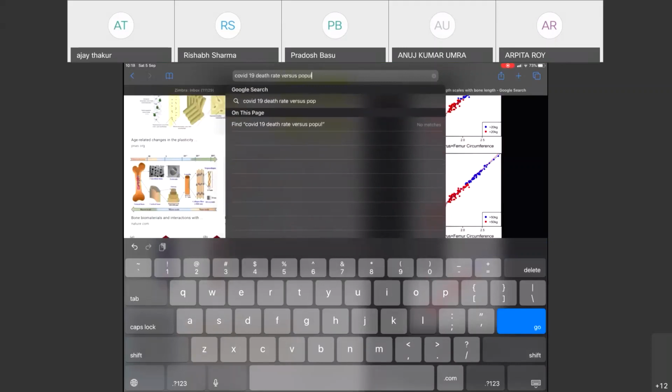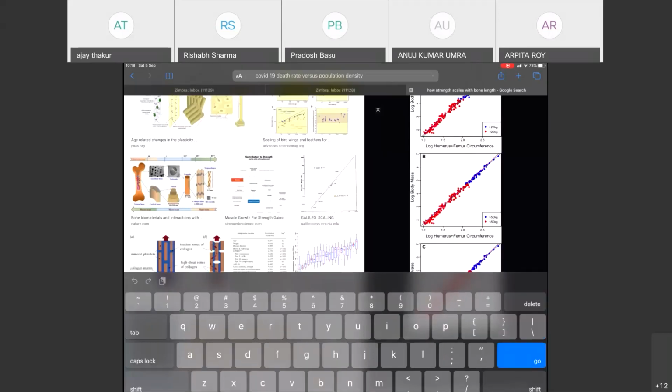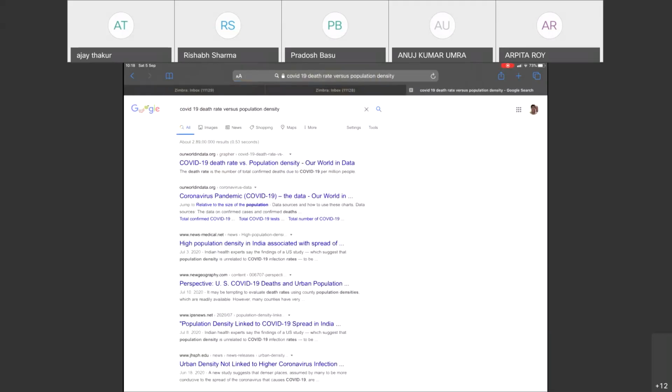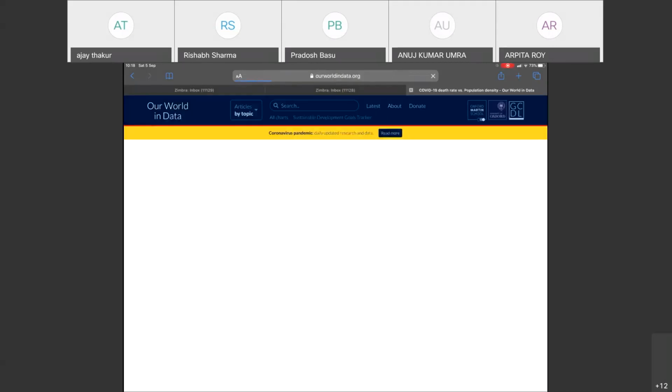There is very interesting data which exists, and it's almost a vertical straight line. There is a lot of distribution, a lot of spread, but it leads to interesting questions.